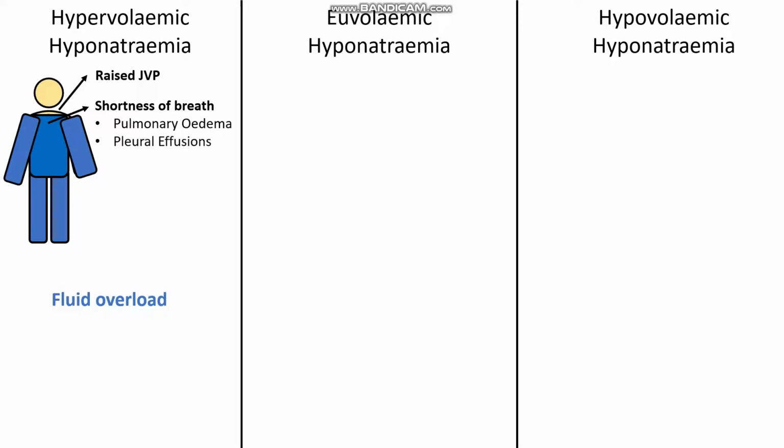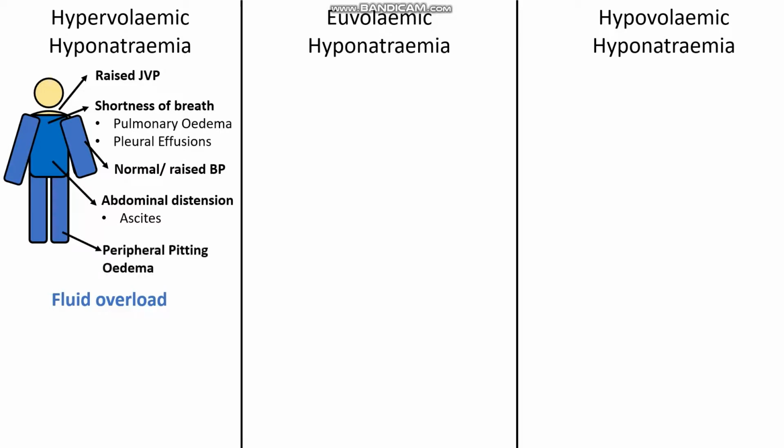The fluid may also exist in the vascular system, leading to hypertension or raised blood pressure, or may actually escape into our peritoneal cavity in the abdomen, giving us abdominal distension due to ascites. The fluid may also escape into our limbs, giving us peripheral pitting edema.